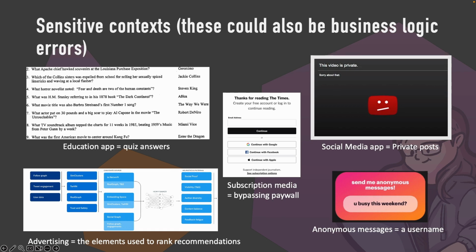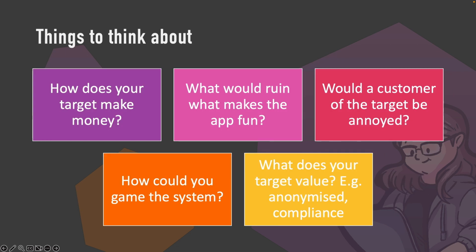You have a social media app, you have private posts or anonymous messages where you don't want to be associated with a username. You can also have, again, private, that should be considered private. So my recommendation, if you are looking at finding these bugs, is think about how is your target making money.